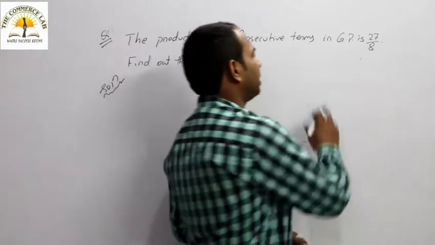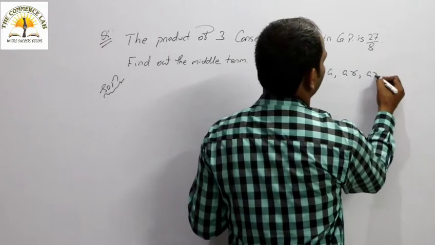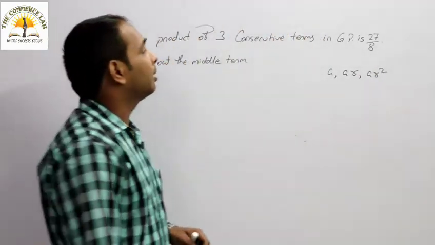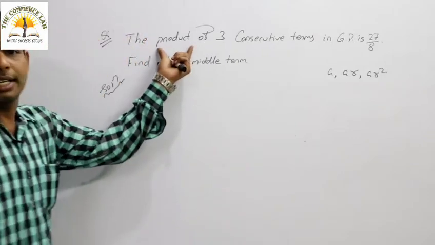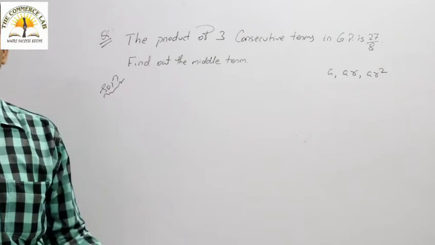Then the general term of a GP, I have already told about it, is AR to the power n minus 1. Right? But while calculating by taking AR square, it becomes difficult.